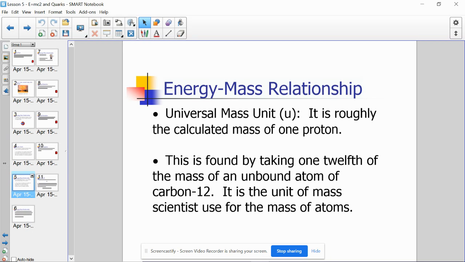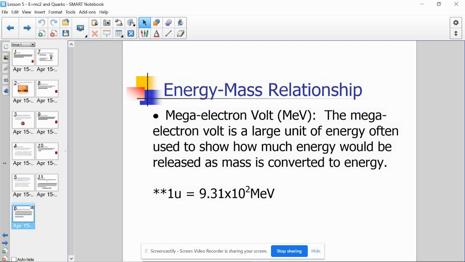One of the reasons this simplifies things, instead of using the whole E equals mc squared equation, which we'll use right after, is that they used the electron volt principle. Electron volts came around to make life easier when dealing with energy levels. On the front page of your reference table, it shows this equality where you can convert one atomic mass unit into 9.31 times 10 to the 2 mega electron volts.